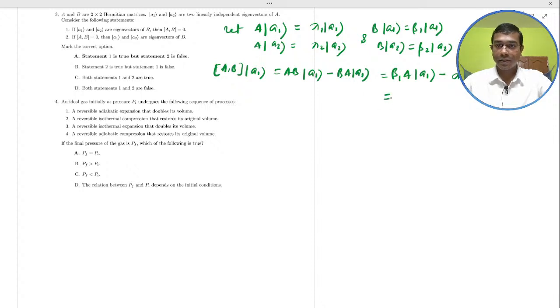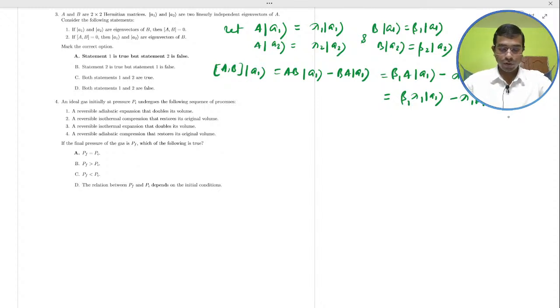A1. This is equal to beta 1 lambda 1 ket A1 minus lambda 1 beta 1 acting on A1. So this is equal to 0.